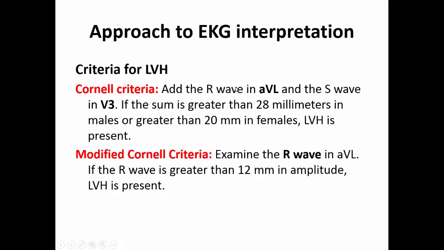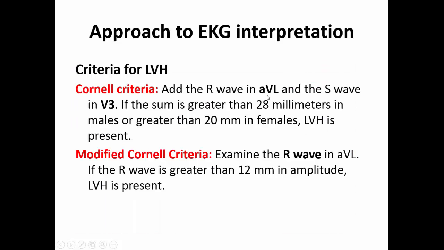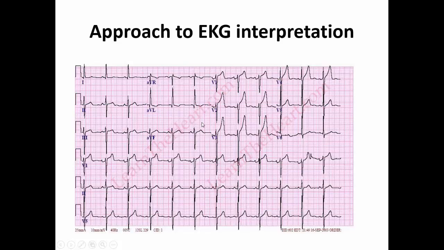If you want to look at the R wave in AVL and the S in V3, like we said already, 5, 10, 15. S in lead 3, well, that's 5, 10, 15, 20. You add the two together, it's 35, 40. So certainly more than 28. So LVH by either criteria.